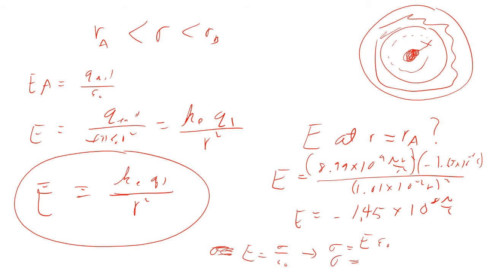If you multiply that out, what you come up with is minus 1.28 times 10 to the minus third coulomb per meter squared. You know, that's within significant figures of what we had before. So if you find E, it becomes really simple to find sigma.